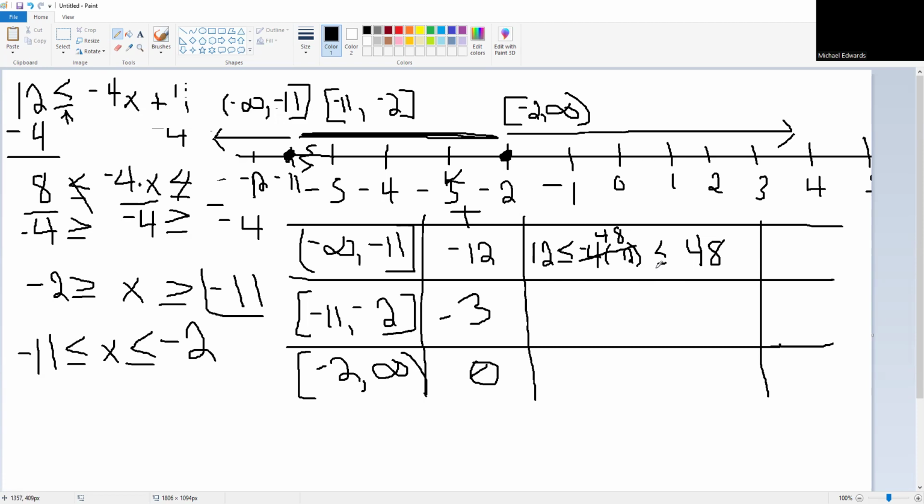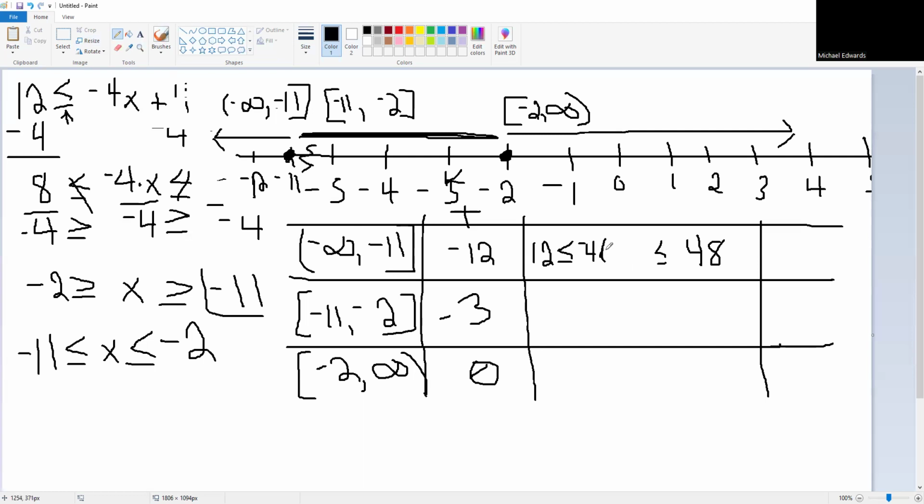But did I do my math correctly? Because it seems like I'm missing something. All right, yeah, you know what? I am missing something. Let's redo this. This is fun stuff. I forgot, because I had to erase the original equation to make room, that it was actually negative 4x plus 4.